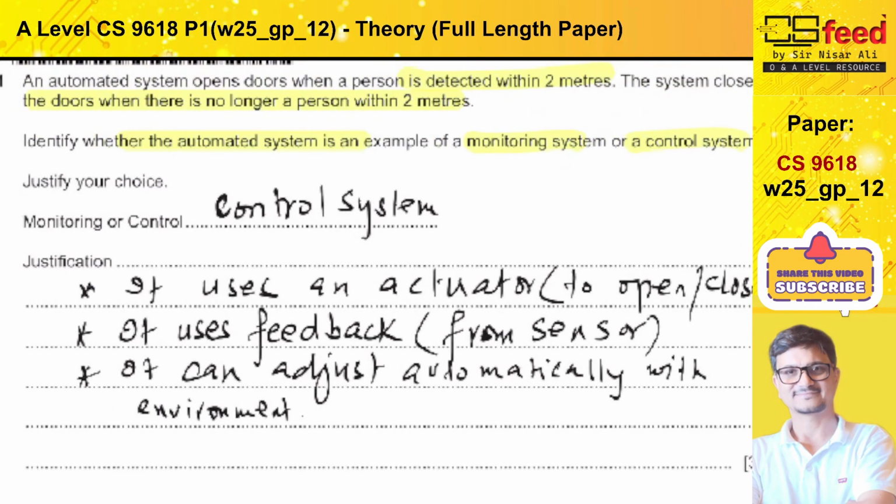When the person is not near the door, it will close. When persons are near the door, it will open. And if there are many people coming very frequently, it will keep open. So adjustment is there.